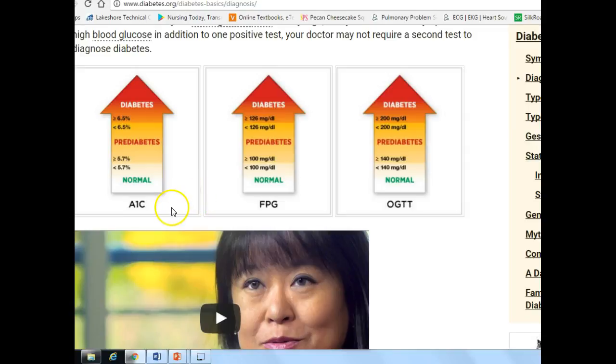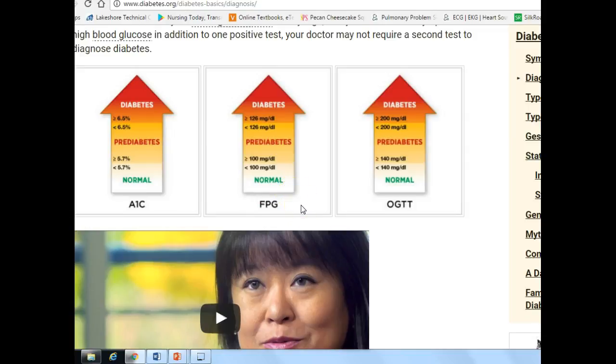Okay, so anyway, the hemoglobin A1C, normal would be less than 5.7%. Pre-diabetic, greater than or equal to 5.7%, but less than 6.5%. And then diabetes is diagnosed on a hemoglobin A1C of greater than 6.5%.